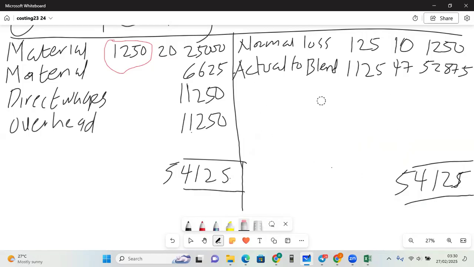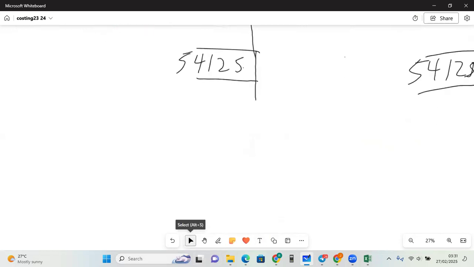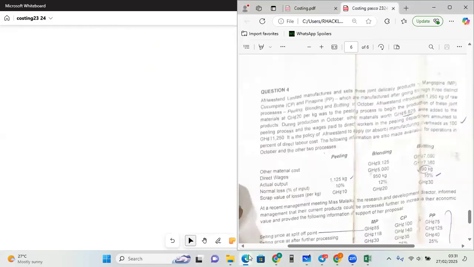This is what we are going to transfer to the next business account. So now let's open the next business account since we are done with this. The next one is blending.